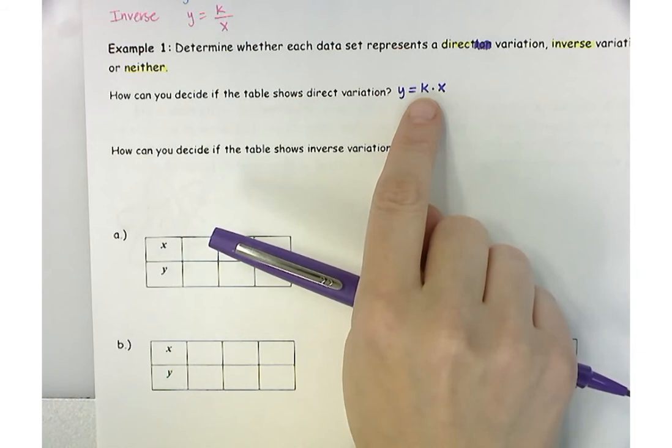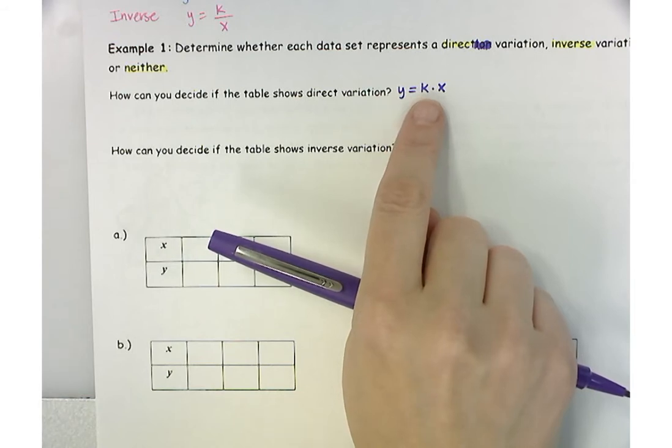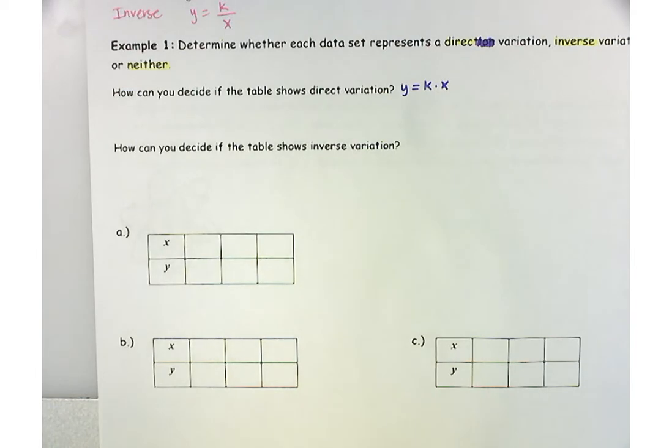Going back to the fact that this is linear, how could we tell from a table whether or not something was linear? First differences. Okay, the first differences. And the first differences were always equal to what? When we found the first differences, what part of our equation did that represent?